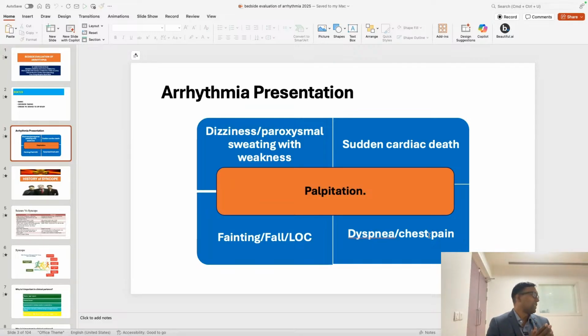And palpitation is when the person is able to feel the heartbeat, but if the heartbeat is very fast, the blood pressure drops, and the patient will have a feeling of fatigability or weakness. So weakness which comes paroxysmally should be taken as a finding of arrhythmia, mostly tachyarrhythmia or maybe bradyarrhythmias.